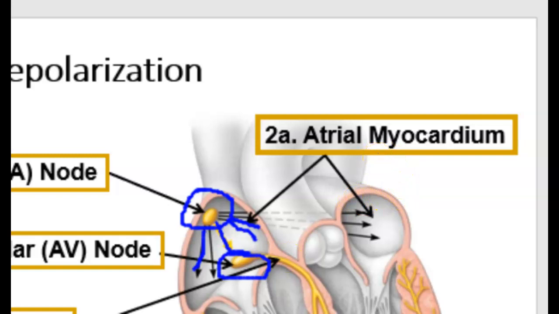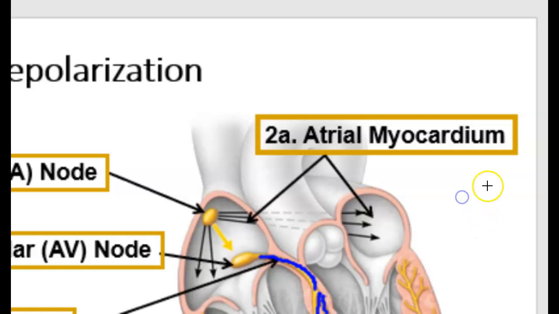And so the AV node will then initiate or have its first action potential, which will propagate more action potentials down the length of the AV bundle. And this excitation event occurs then in the branches, the bundle branches, simultaneously, both the left and the right, and then to the Purkinje fibers.